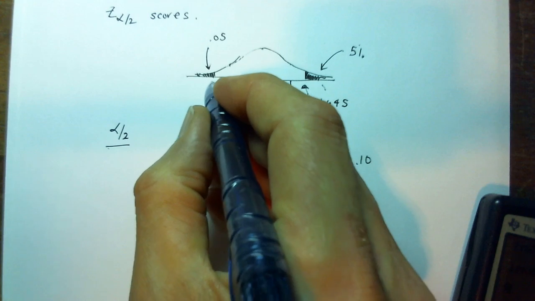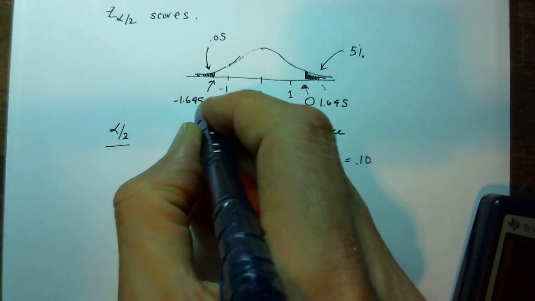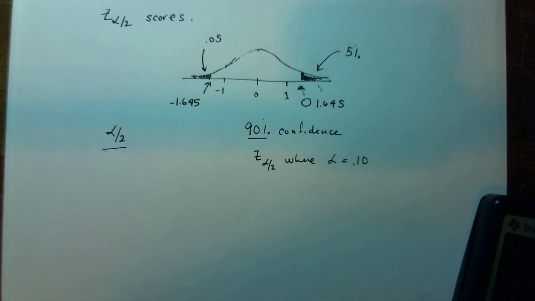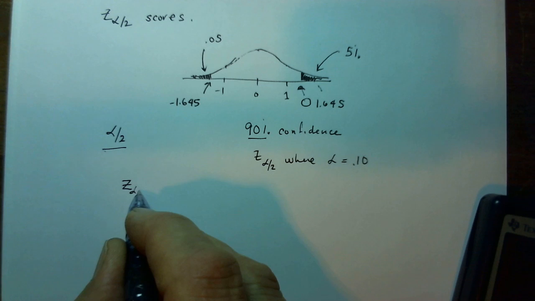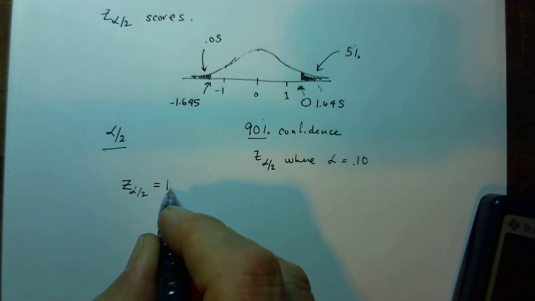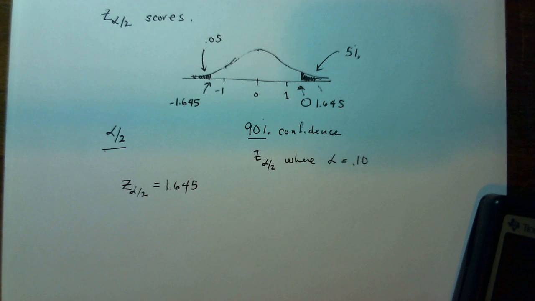So that's this number right here. It's unnecessary to do both of them, because once you've got one, you automatically have the other. So using a 90% confidence interval, we'll take a z alpha over 2 score of 1.645. And sometimes you're adding that and sometimes you're subtracting that.